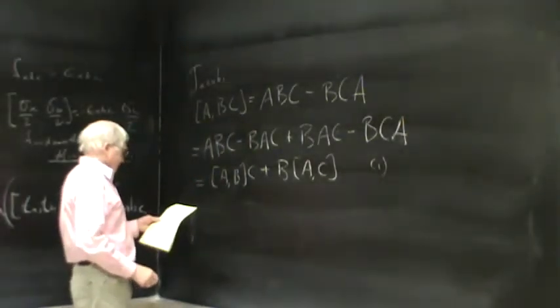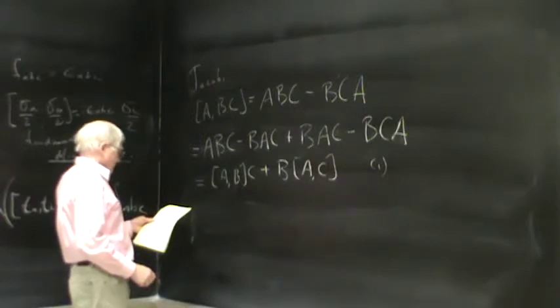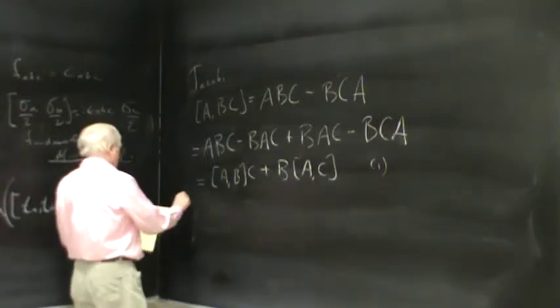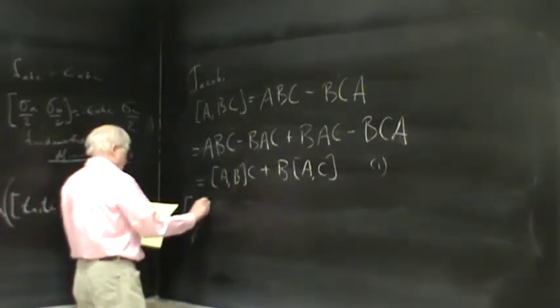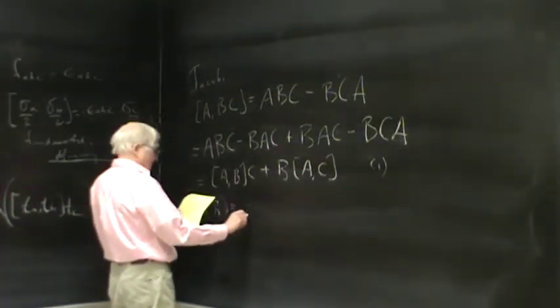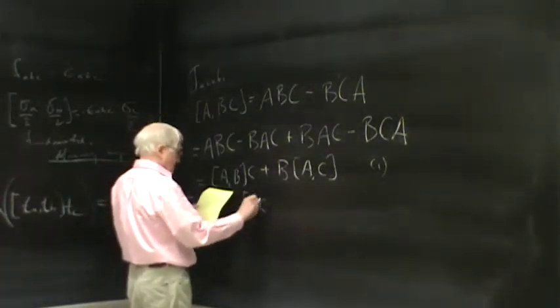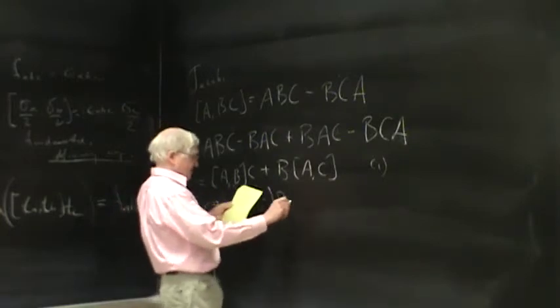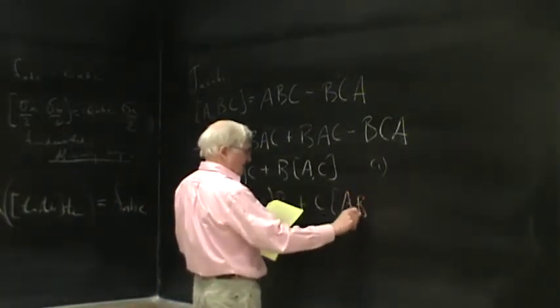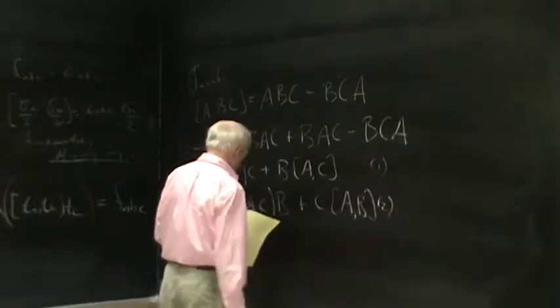And you could also interchange B and C, and then you get the rule [A, CB] is [A, C] times B plus C[A, B], and I call that 2.